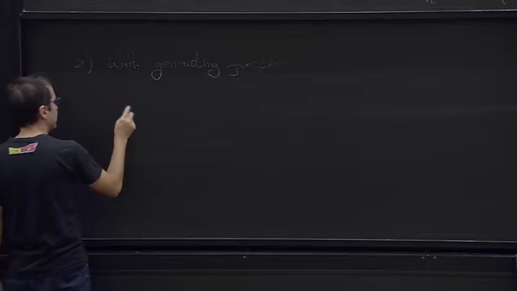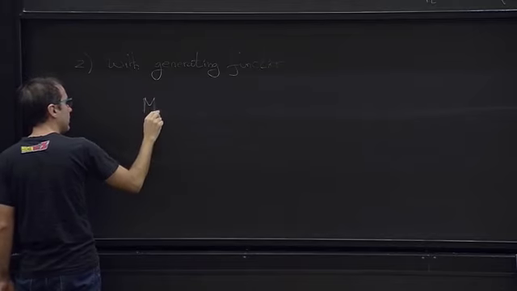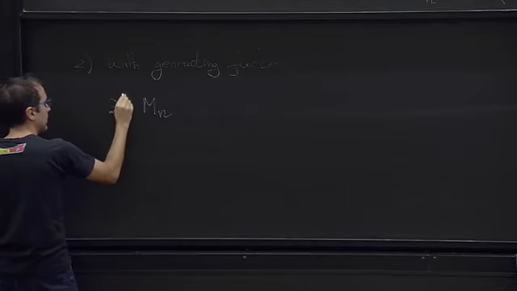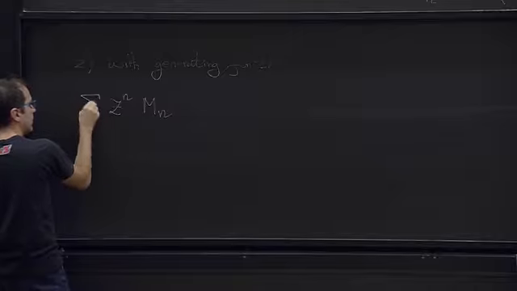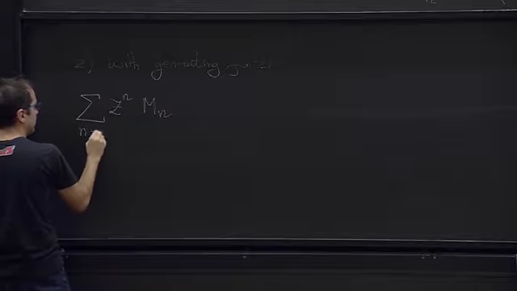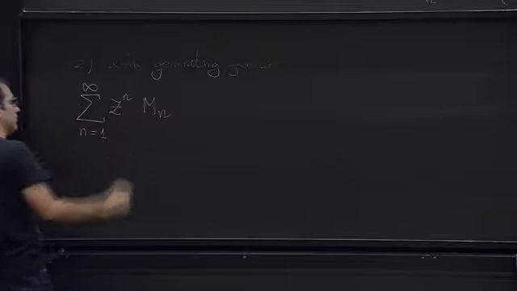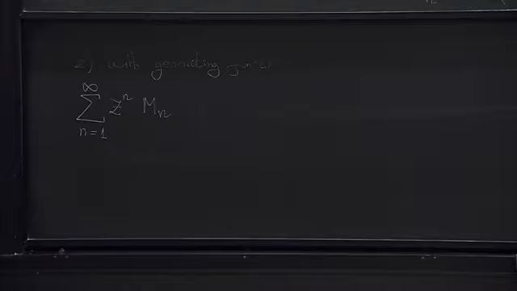What we would do is not consider Mn, but we would say that I put some chemical potential z to the n, and I will study this object from n equals, say, 1 to infinity. I'll try to compute this object.